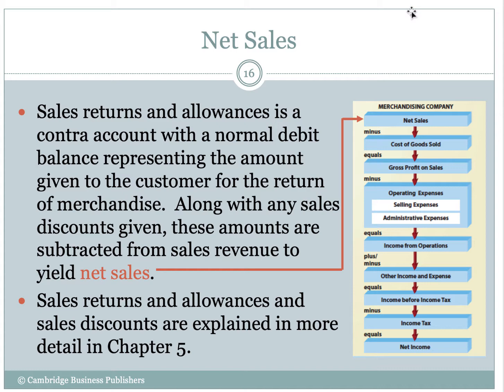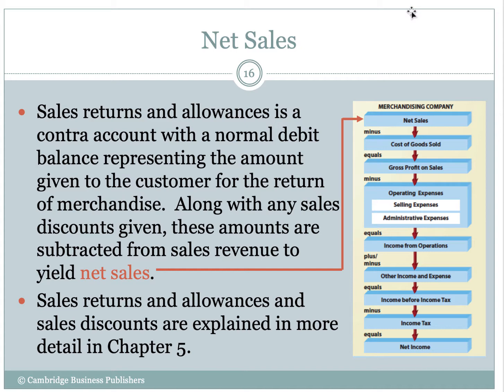So the point is that we have this new account called sales returns and allowances. This is a contra account. It's a contra sales account or a contra revenue account, okay? It's very, very similar to accumulated depreciation, right? Remember, accumulated depreciation was the contra asset account to equipment or to building.